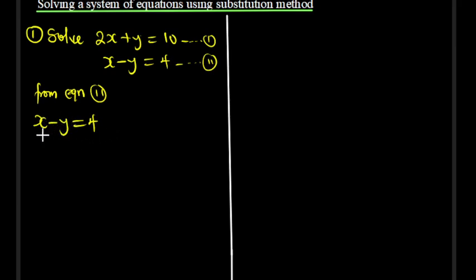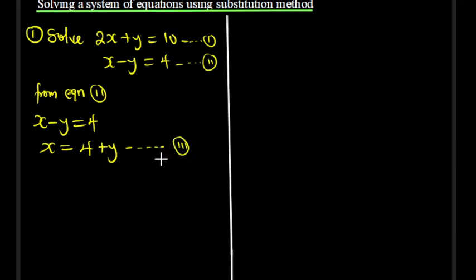From this one, I will make x the subject of the formula, or isolate x. So here x is equal to 4 plus y. Bring y to this side, it becomes positive y. Then I can call this equation 3 if I like.